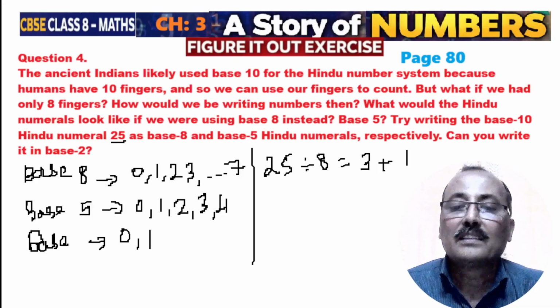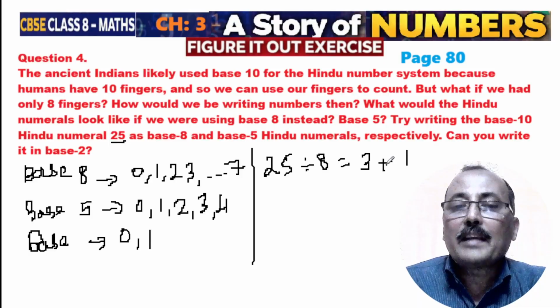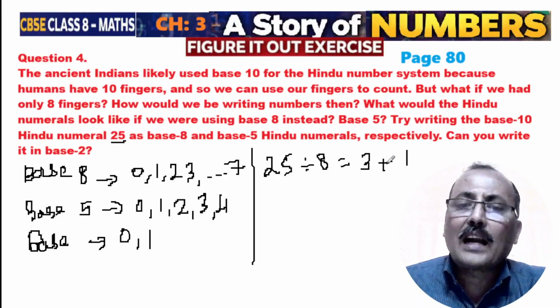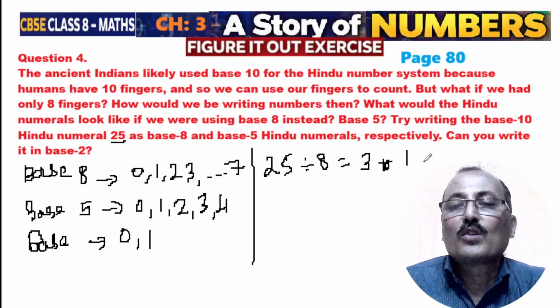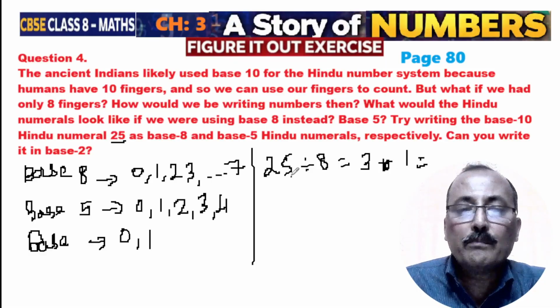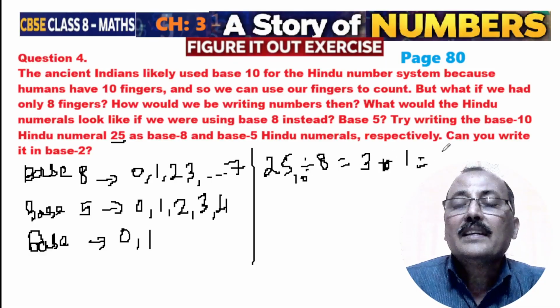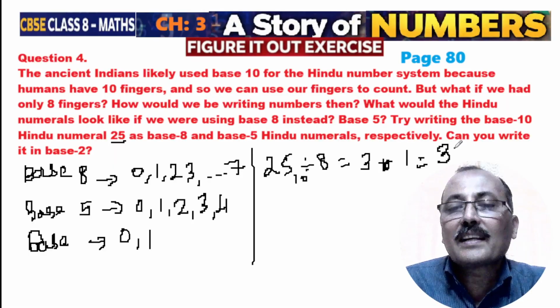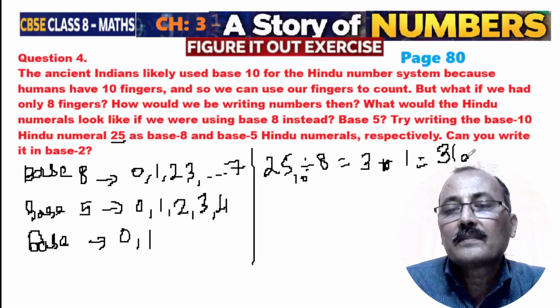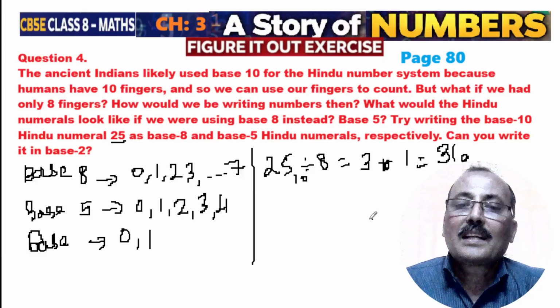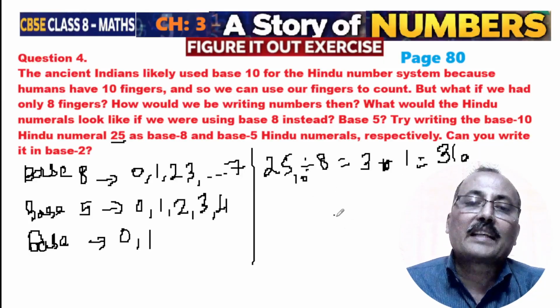So it is 3 times and 1. In base 10 it is 25. In base 8, it can be written as 31 base 8. That's all. Very clear.